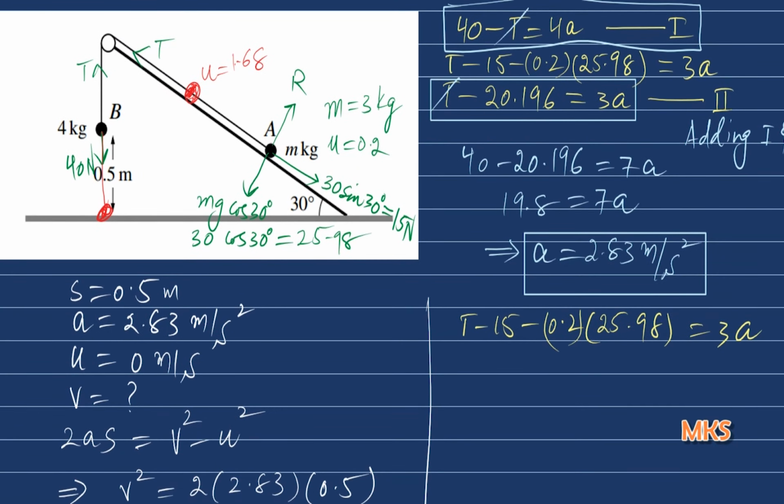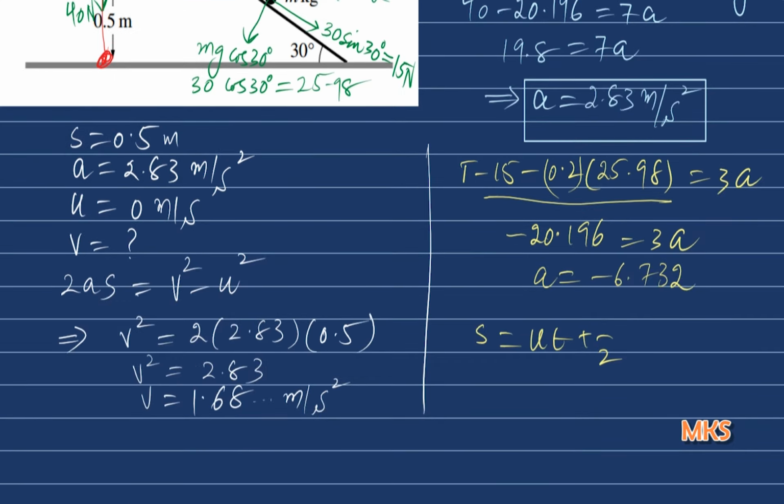So T will be 0. So we will be left with this value, and the total was 20.196. So minus 20.196 is equal to 3a. 20.196 divided by 3 gives us minus 6.732. That will be the acceleration when the string becomes slack.